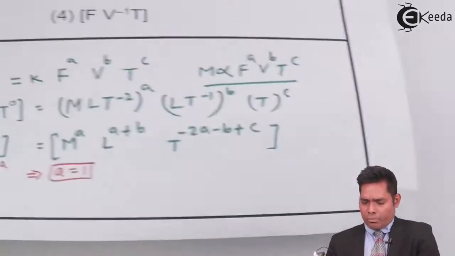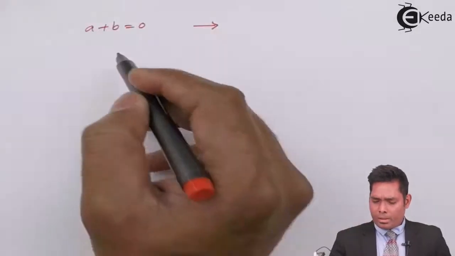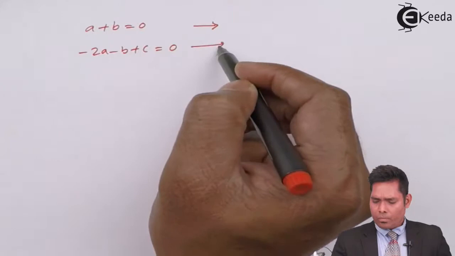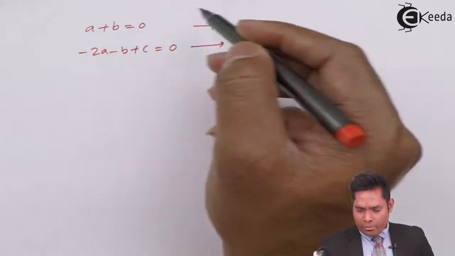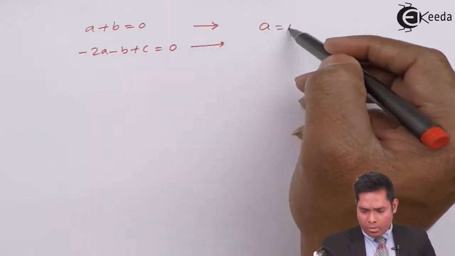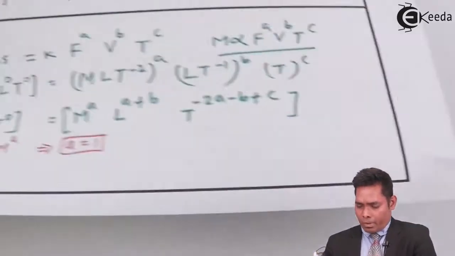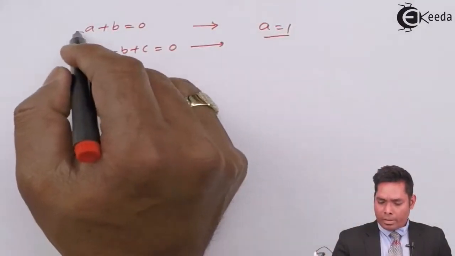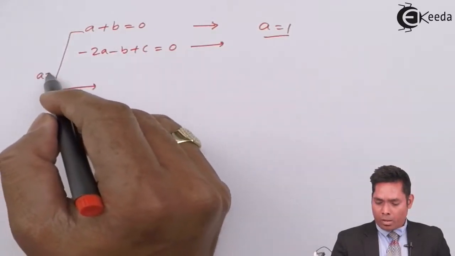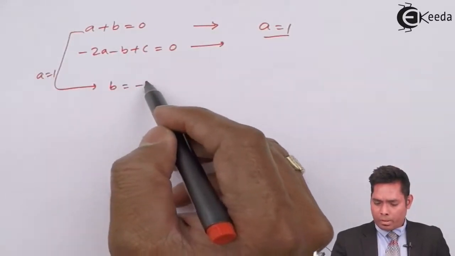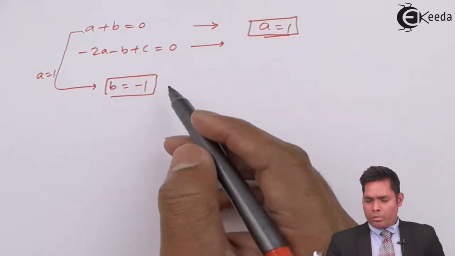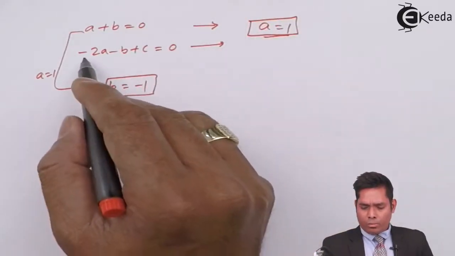Another equation I'll get from here, minus 2A minus B plus C is 0. Already we have got A equals 1 here, so substitute this value here. What I will get, if we put A equals 1, B equals minus 1. And only one thing is left, to find the value of C.